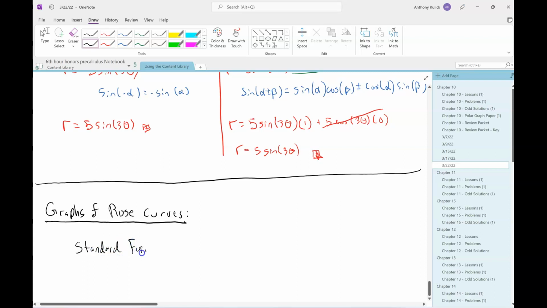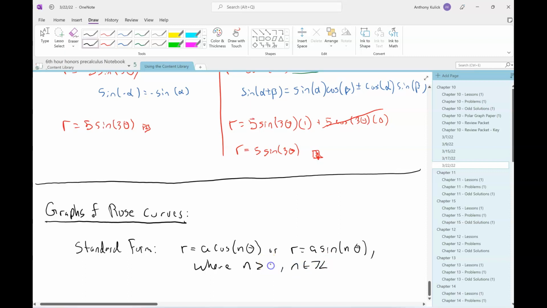So the rose curves are of the form r equals a cosine n theta, or r equals a times sine n theta, where n has to be positive and an integer.